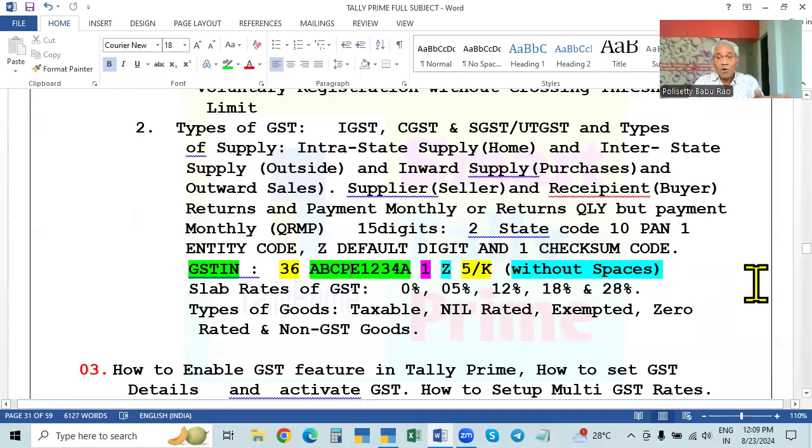Local body is L. Cooperative society C is already there. This fourth digit indicates the status of the PAN card holder.